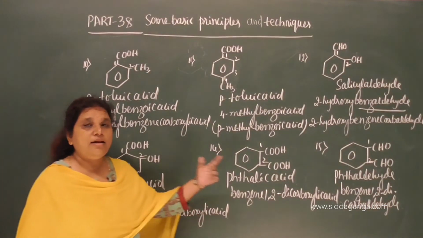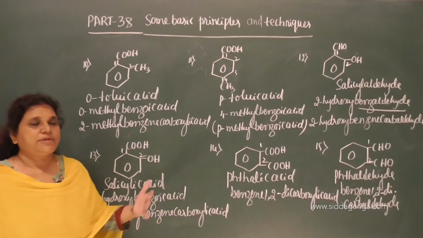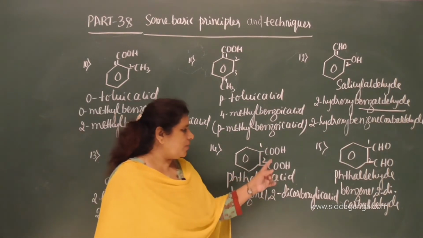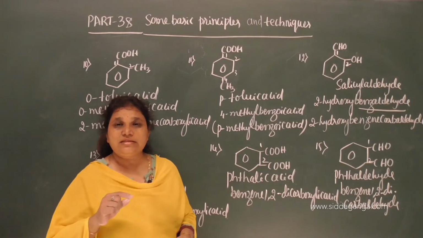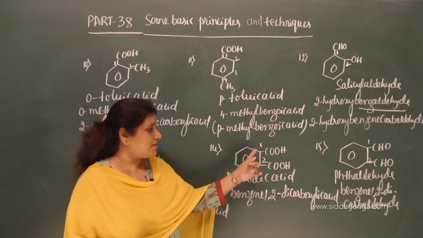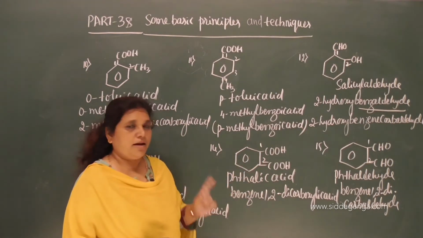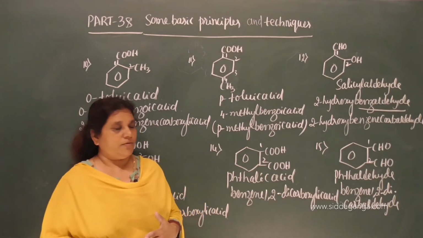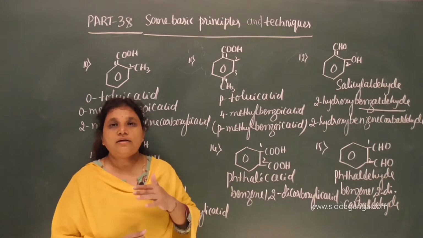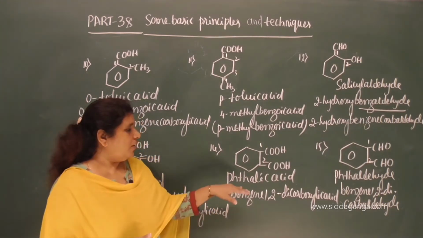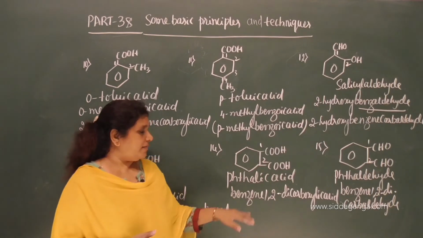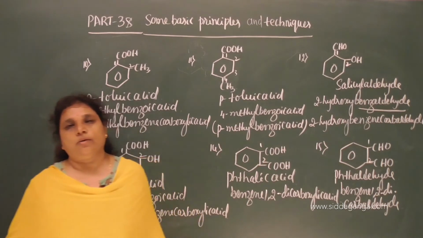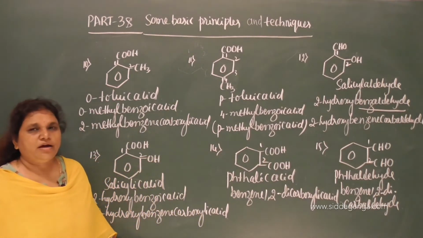Phthalaldehyde, phthalic acid. What is the difference? In phthalic acid we have 2 COOH groups on adjacent carbon atoms. If they are on alternate positions, we call it isophthalic acid. If they are in the opposite position, it is terephthalic acid. Okay. So when it is on adjacent carbon atoms, then it is phthalic acid, and benzene 1,2 dicarboxylic acid is the IUPAC name. Okay.